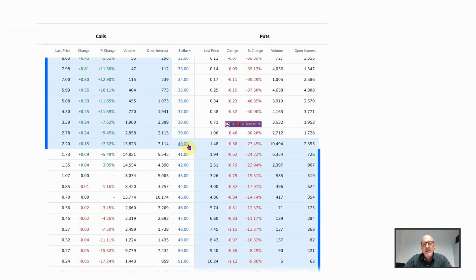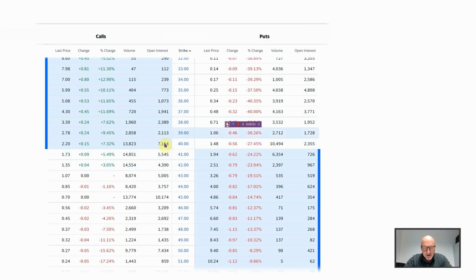They don't just exercise. People trade options right up to the last minute on Friday, and then either they're assigned or they've already bought their way back out of the option and the option is simply closed. So there's generally no stock changing hands at the point that the option is closed.